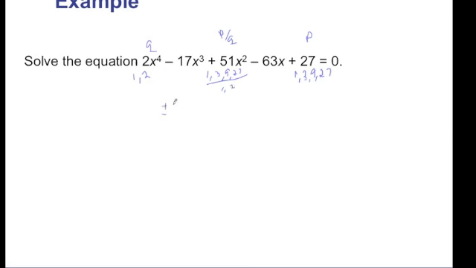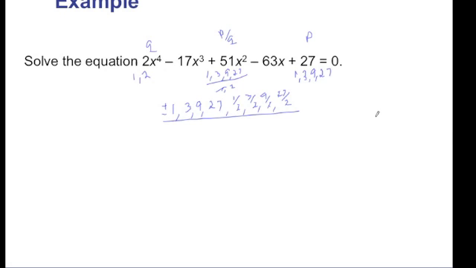So that's plus or minus 1, 3, 9, and 27. That uses the divide by 1, divide by 2, gives us 1/2, 3/2, 9/2, and 27/2. Now I'm hoping 27/2 isn't possible. But here are some possible rational solutions.